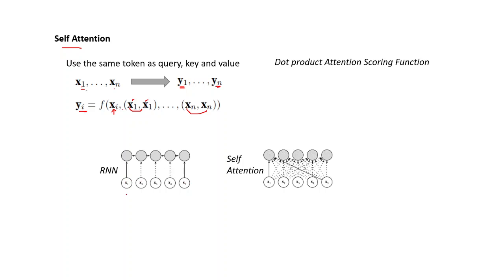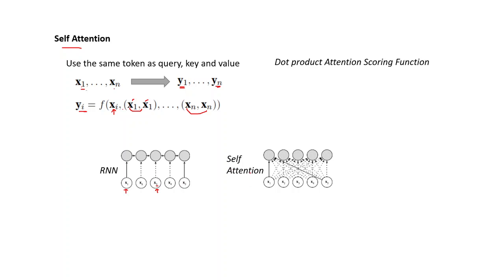So if somebody asks what is the probability of generating token x3 given that the sequence starts with token x1, there is no direct answer, because the generation of x3 is dependent on the generation of x2, which is again dependent on the generation of x1. So there is an indirect relation between x1 and x3 but no direct relation.